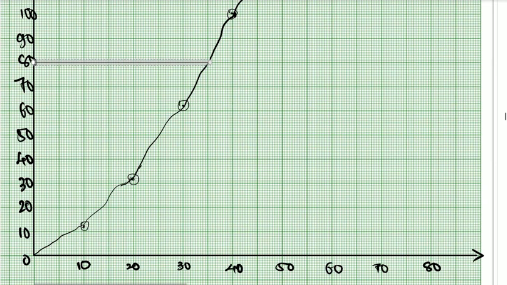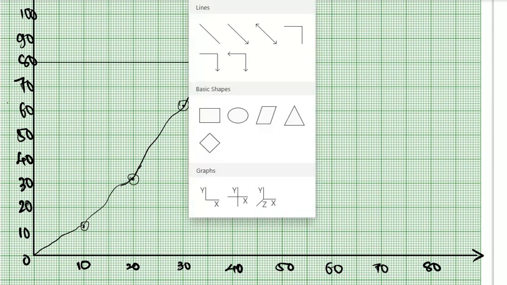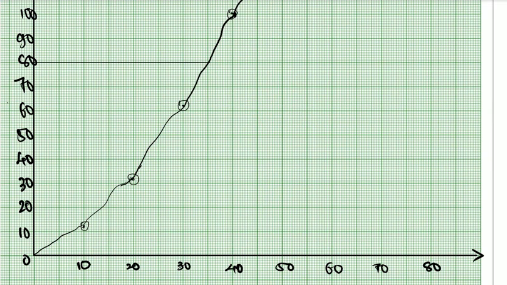Perfect. One more shape and we are good to go to the next part. Let me select my line with the mouse and it goes down. Looks okay. Leave it there.